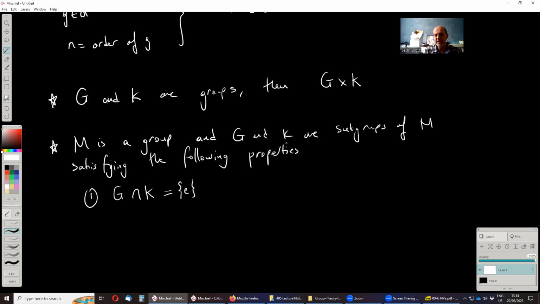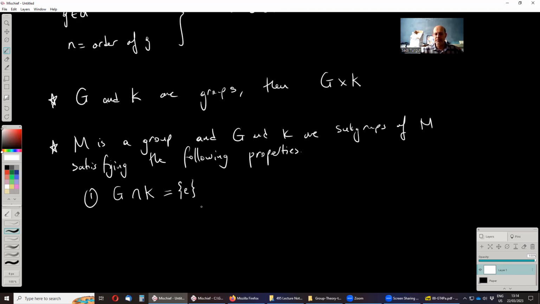As a result, if G and K are subgroups of M, they have the identity in both of them, so their intersection contains the identity. If they don't have any other common elements, then their intersection should be equal to the identity. In a way, these two subgroups are distinct from each other.